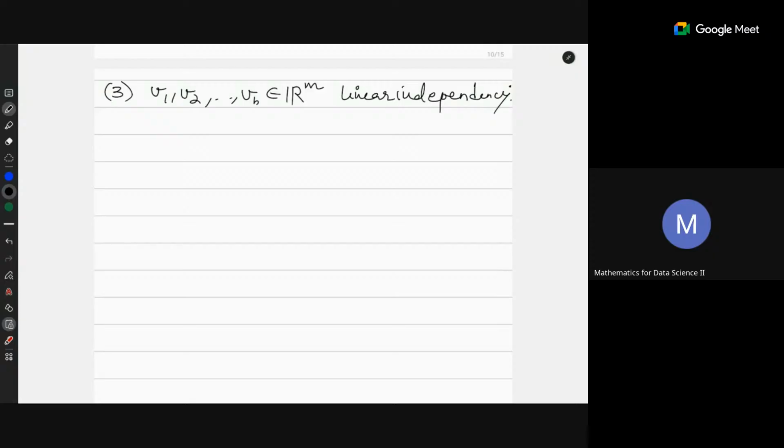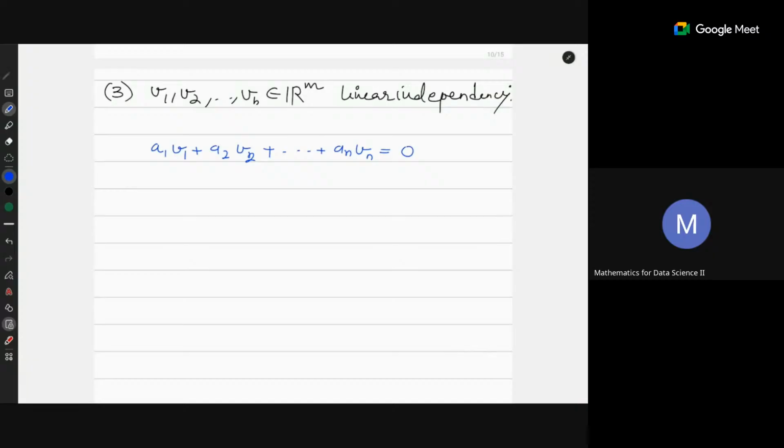Then they correspond to a system of equations. You start by looking at the combination of these vectors which equates to the zero vector, and this will give you a system of equations.